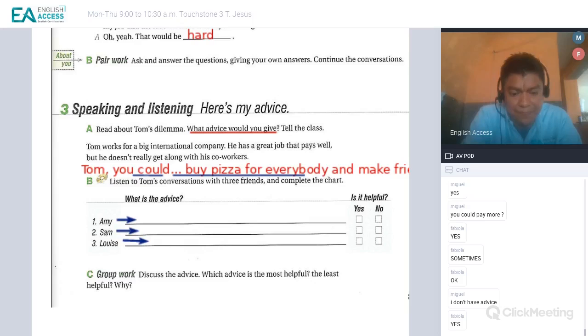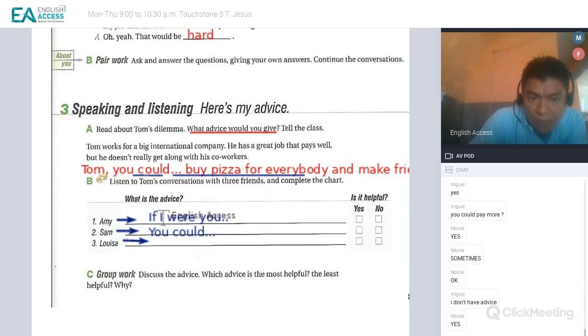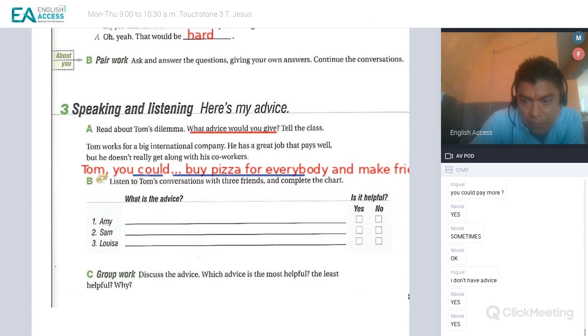If I were you, or you could, yes? So we have to pay attention. We have to listen and see what they say. What is the advice? Remember, complete sentences. So you have to listen for the expression and for the idea. Yes, guys? Miguel?